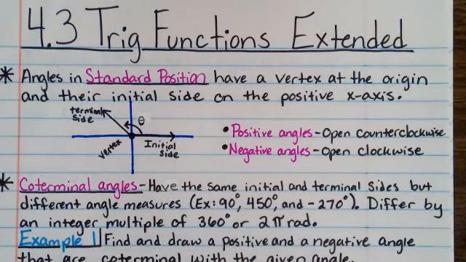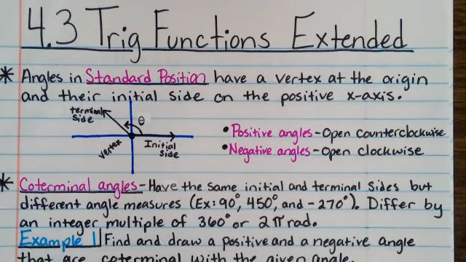So what you're seeing on your screen are some more definitions. Angles are not only found in triangles. You can find angles in all kinds of different things, and you would have seen that in geometry. But here, we're going to specifically look at a kind of angle that you probably haven't really done before. This is what we call angles in standard position.